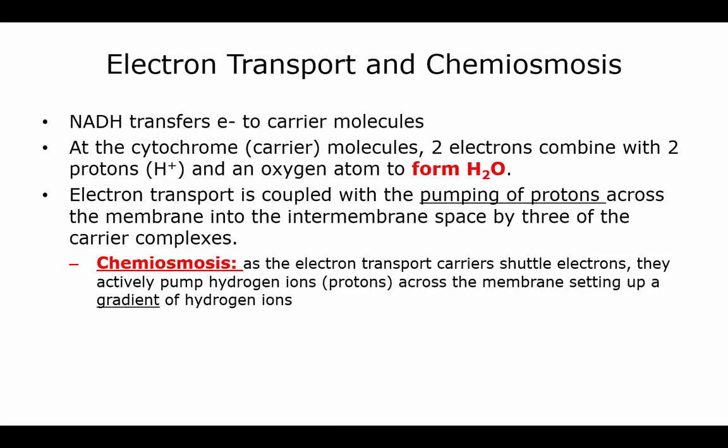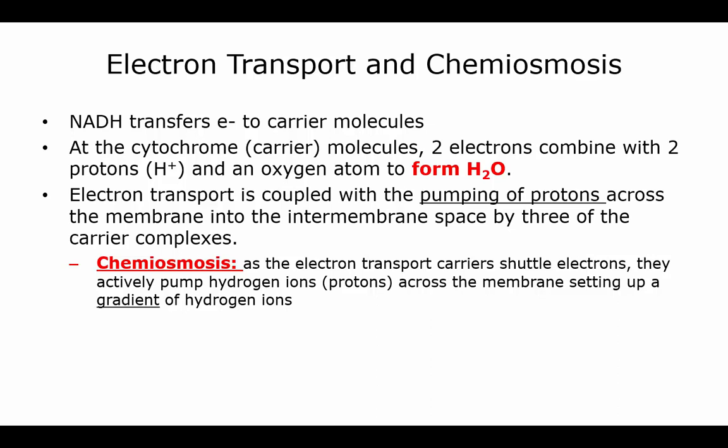So this electron transport also involves pumping the hydrogen ions or the protons across the membrane into the intermembrane space by three carrier complexes.